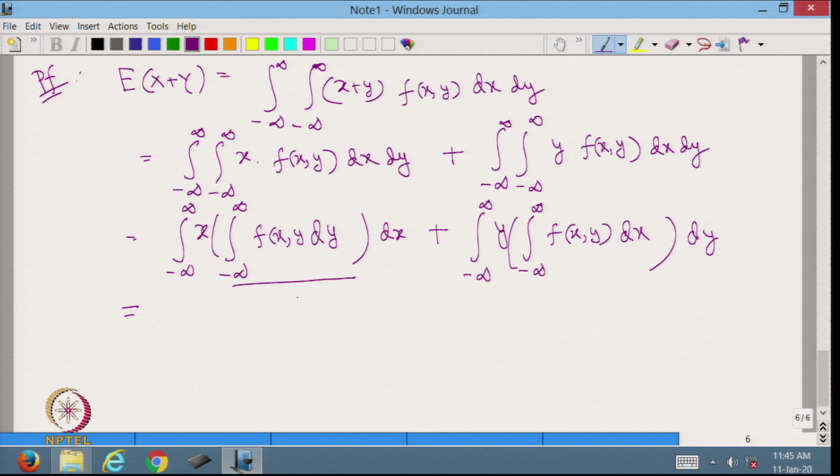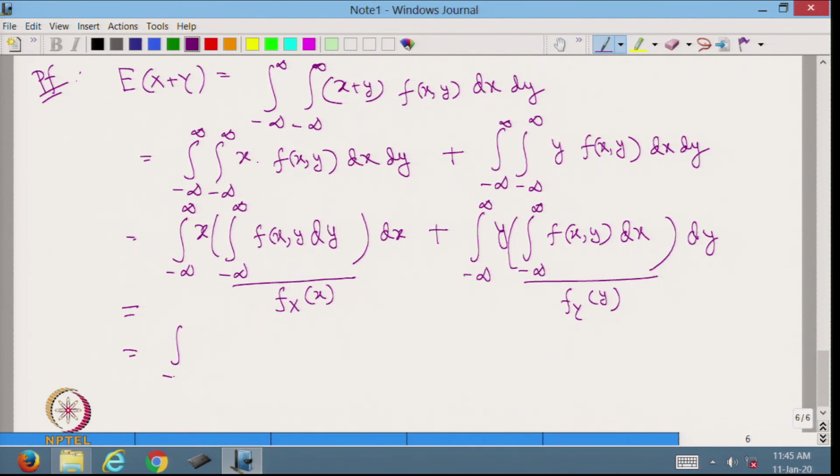Now, this internal part for a fixed x is going to give us the marginal density of x, and this is going to give us the marginal density of y.